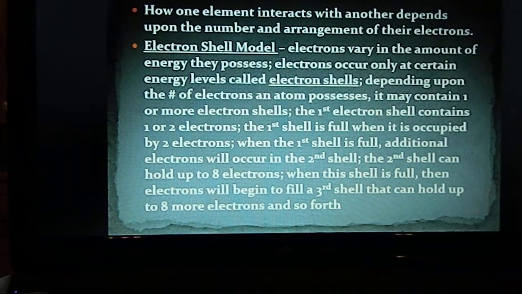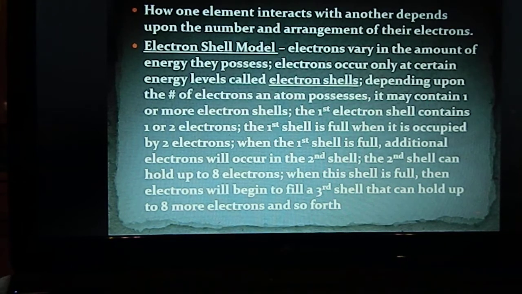And so how one element's atom interacts with another atom depends upon the number and arrangement of their electrons. Remember, those are the negatively charged particles that are orbiting around the nucleus. And we're going to use a very old model to demonstrate this.